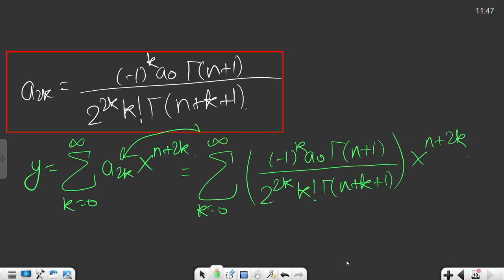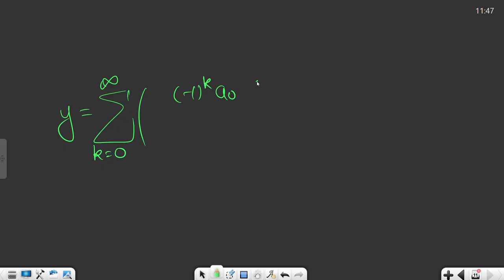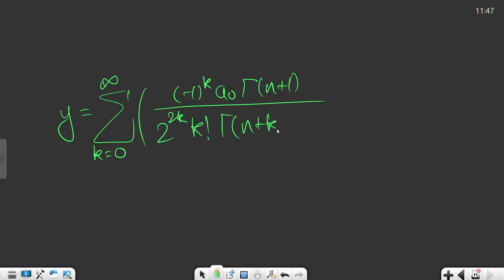Okay, and let's write this down one more time. So y was our final result. I'm sorry, I messed up with the index variable, but it's all right. So negative 1 to the k a naught, gamma of n plus 1 over 2 to the 2k times k factorial gamma of n plus k plus 1 and times x to the n plus 2k, right?